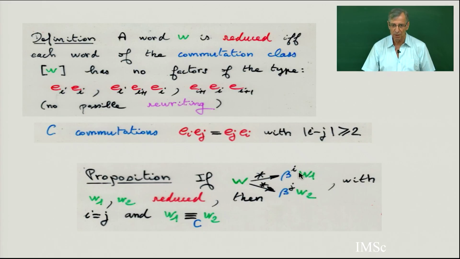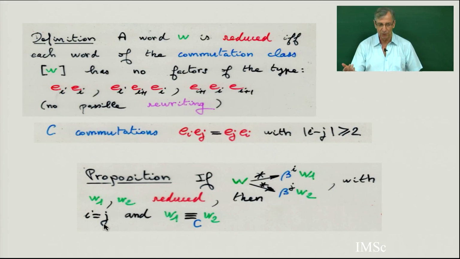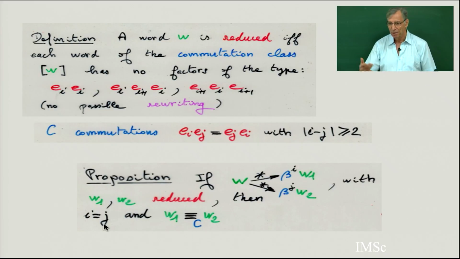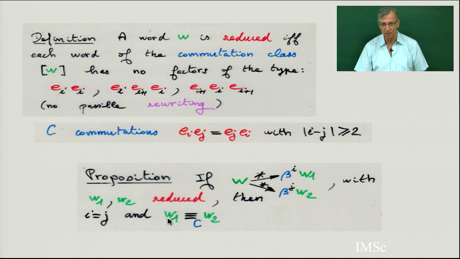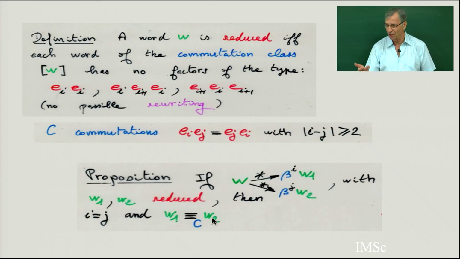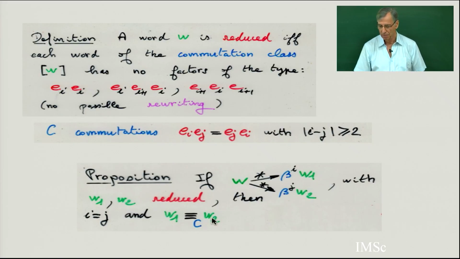The proposition says that with a certain power of beta, the number of times you get beta will be the same in the two different possible reductions. And then the two words you get are equivalent for the commutation relation.